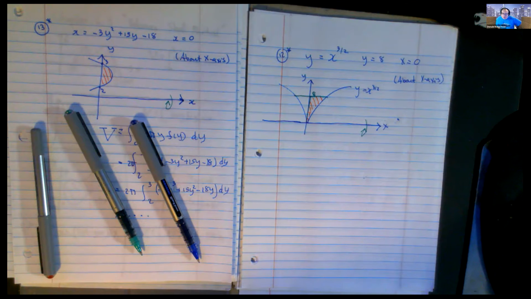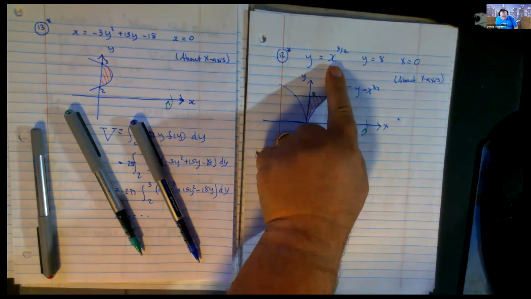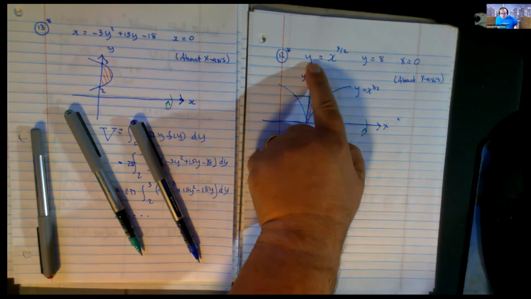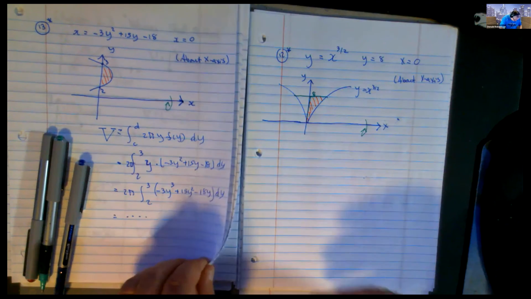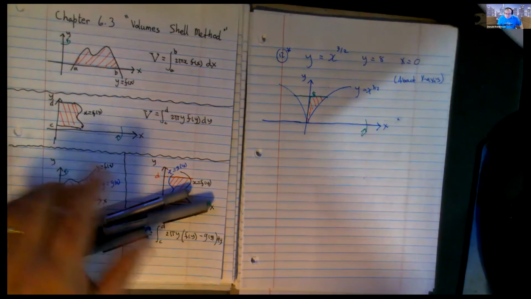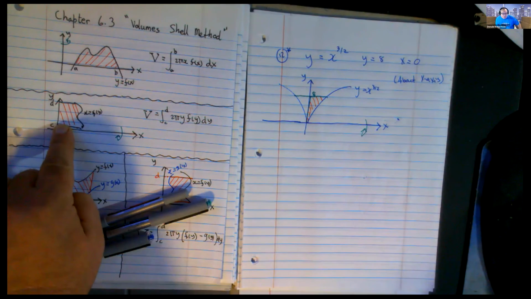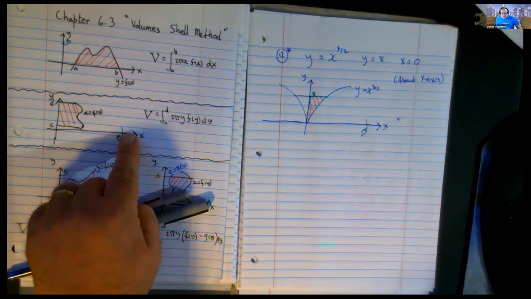So what we're going to do now is realize that there's something wrong with the way the information is given. And that's the guy that's causing the trouble. I am going to be using this formula here, right? Rotating about the x-axis, single curve.